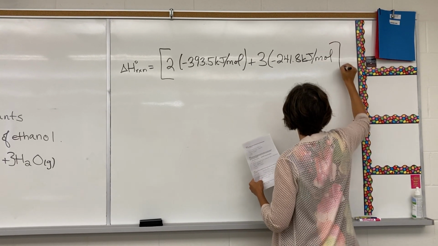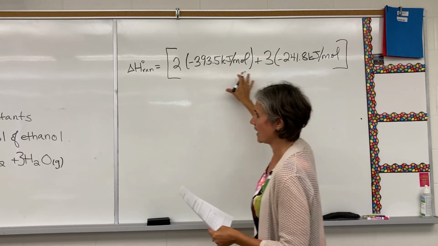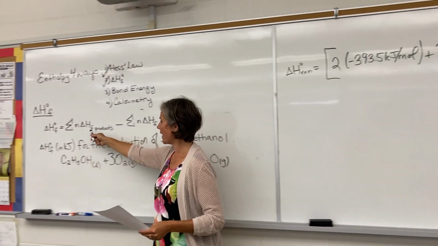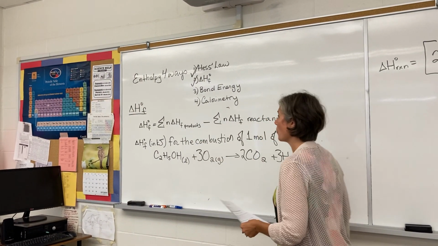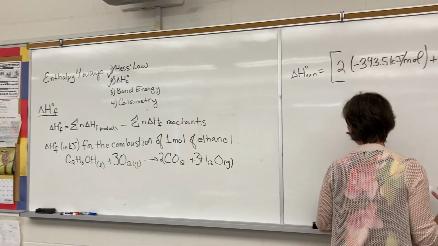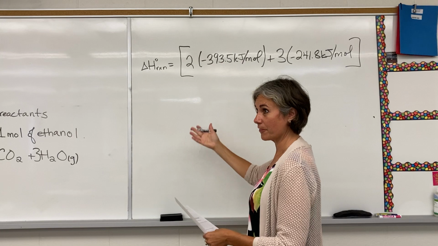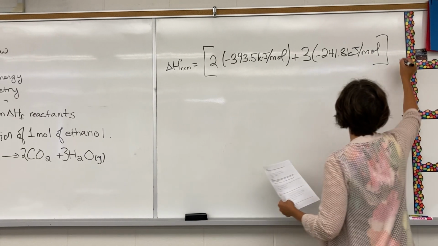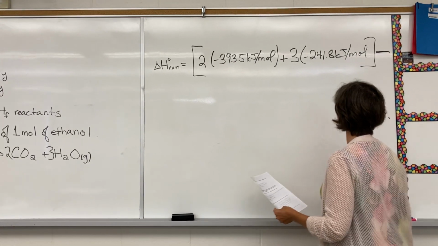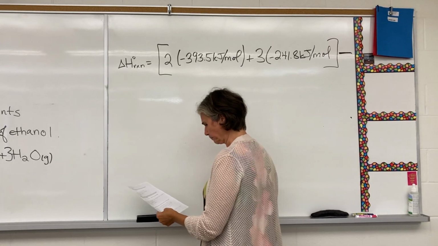This part of the formula is the enthalpy of the products. From that, we're going to subtract the sum of the enthalpy of our reactants multiplied by the stoichiometric coefficient from the balanced chemical equation. As I always say, it's easier to show chemistry than talk chemistry.